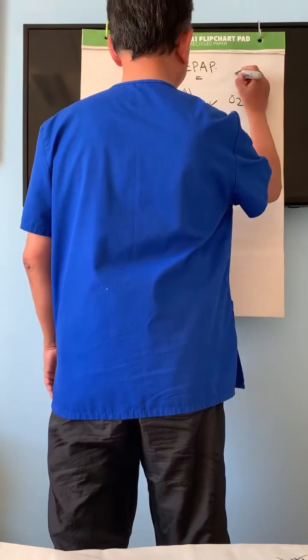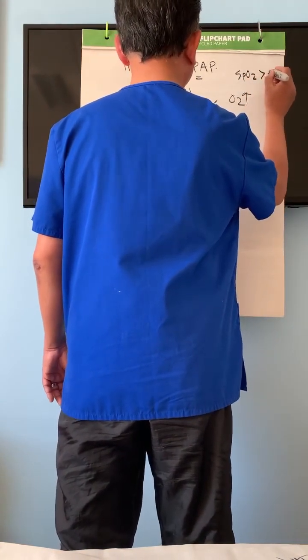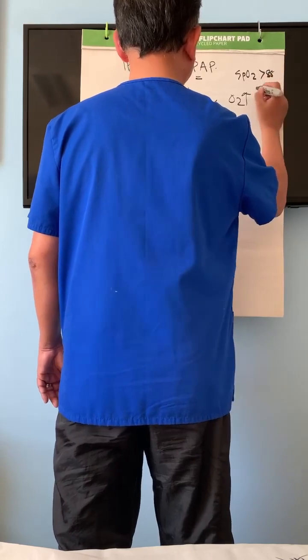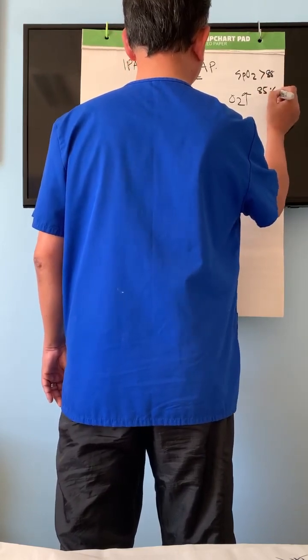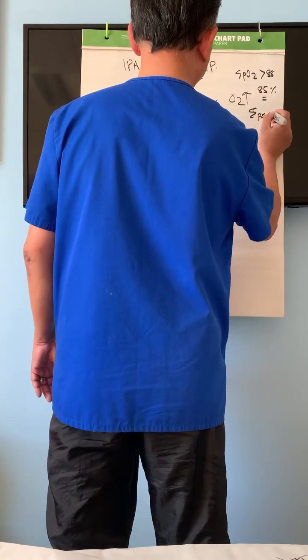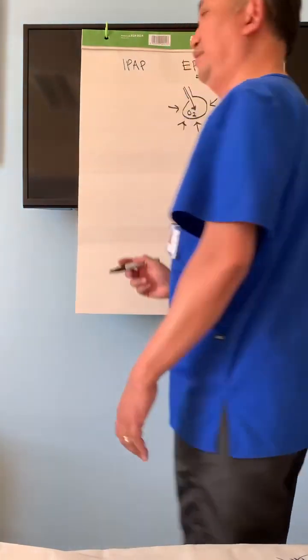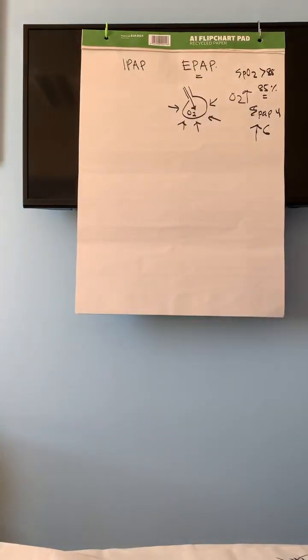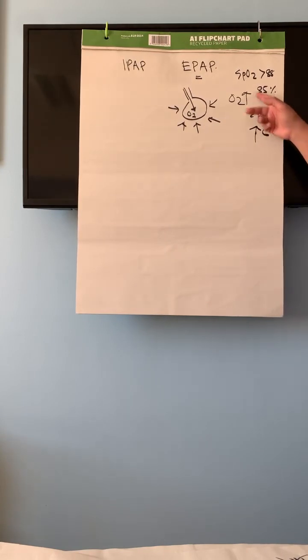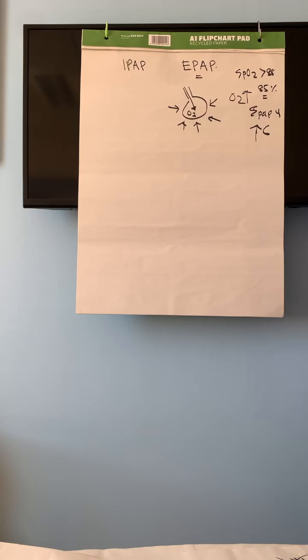For example, your target SpO2 is 88 to 92, but you are not achieving it, and your patient is still hypoxic at 85% with an EPAP of 4. You may wish to increase to EPAP 6. By increasing EPAP from 4 to 6, the oxygen will stay a little longer, and you will see your SpO2 increase.